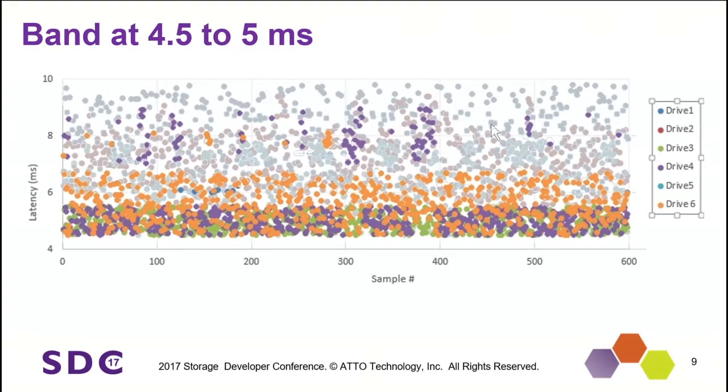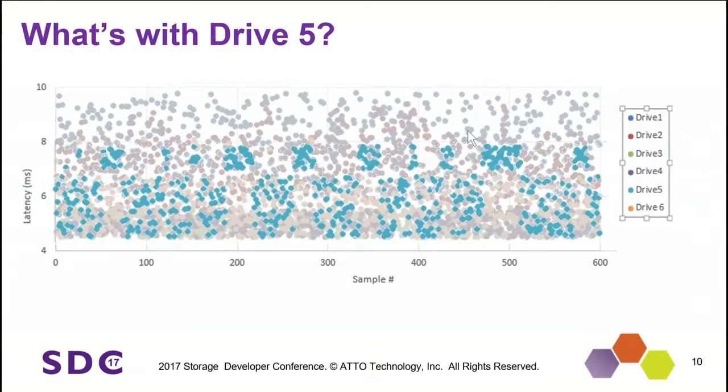But drive 5, that thing's looking nasty. It's a little harder to see with the colors, I apologize, but there's a tick on a pretty regular interval that gets us all the way up to 7.5 millisecond latency. That tick is very visible, by the way.